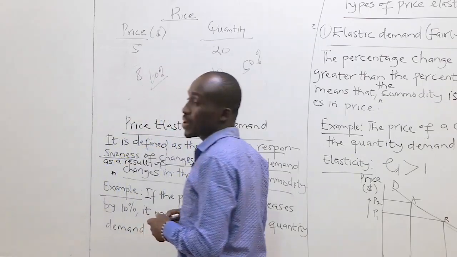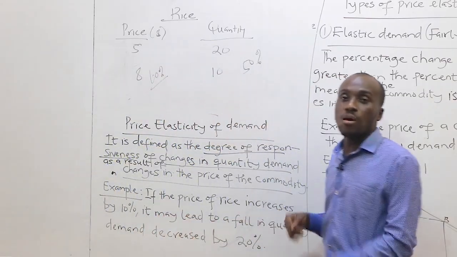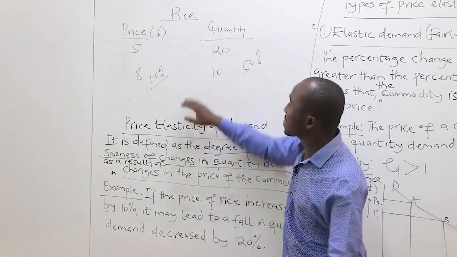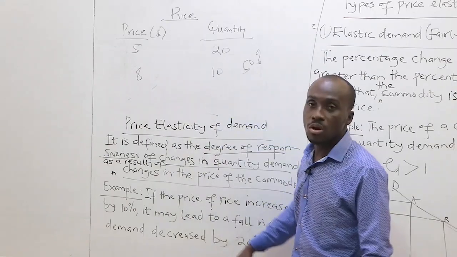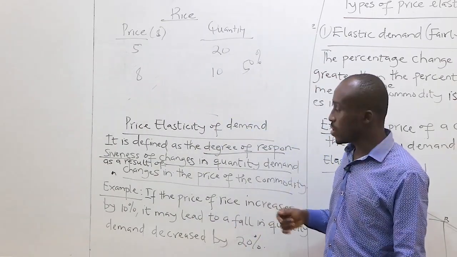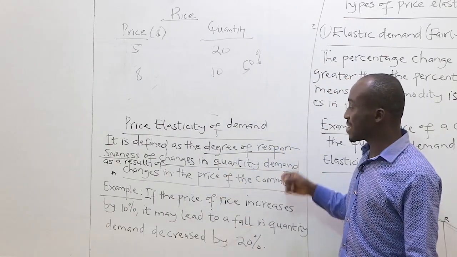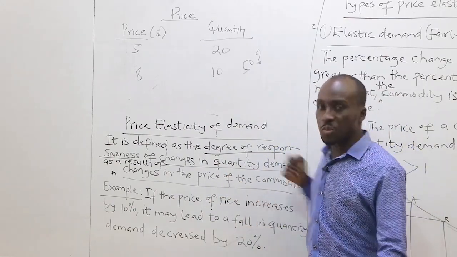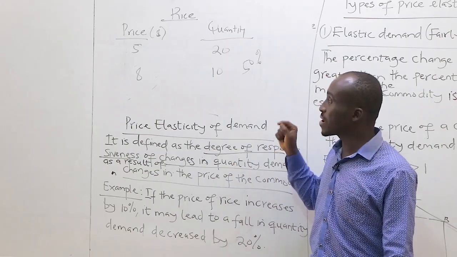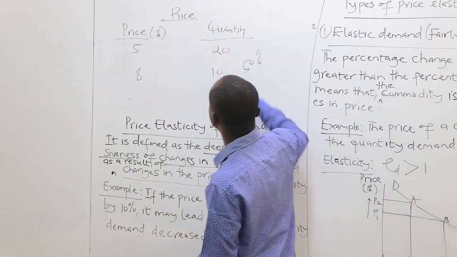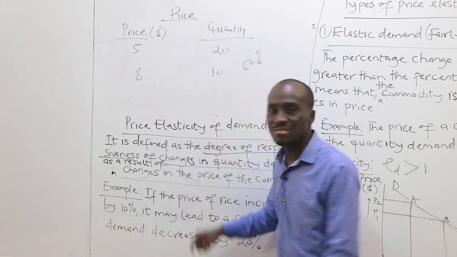When the price increased, what was the response of demand? When the price increased by this magnitude, what was the response? Price elasticity of demand tells us the degree of responsiveness. So when the price increased from 5 to 8, the response is that your demand for rice decreased by 50%.